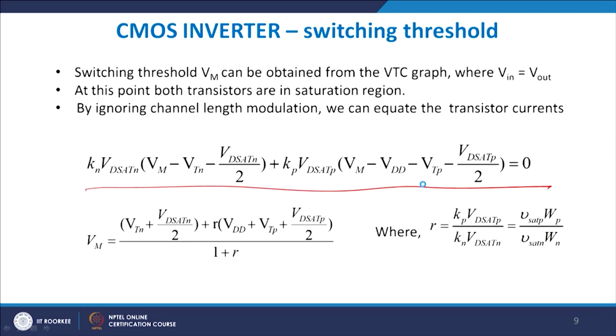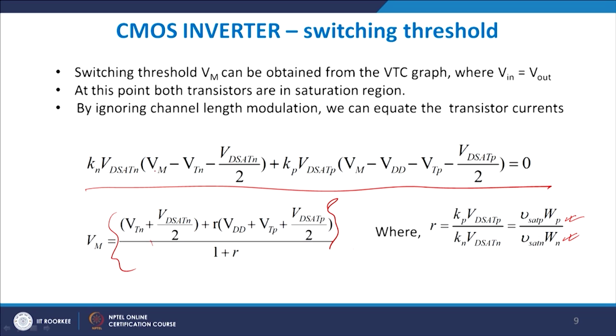Understand that Vm is given by this quantity, where R is basically the ratio of Kp to Kn, Vd sat P upon Vd sat n, and that is also equal to V sat P Wp and V sat n Wn. So, these are the 4 parameters, and we should appreciate the fact that if you want to find both the transistors in saturation, then we say that Kn Vd sat n into Vm minus Vth.